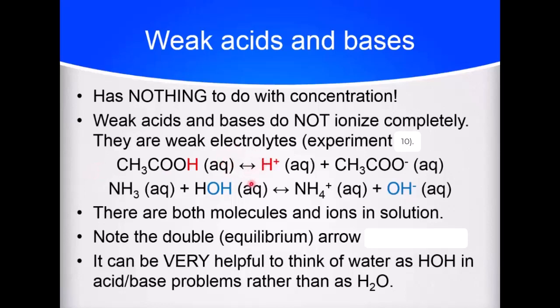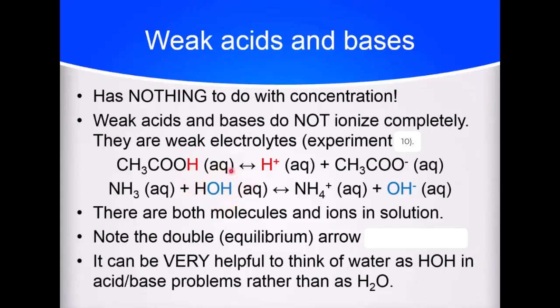The double arrow indicates an equilibrium, which is out of chapter 7, that you have molecules forming ions and you have ions forming molecules. And in this lab, and in most cases when you're dealing with water, H2O, as a reactant or a product, it's very helpful to think of it as HOH, an H plus and an OH minus.